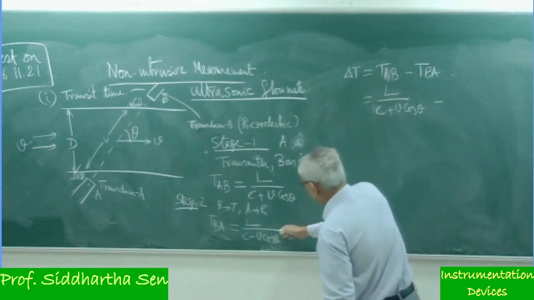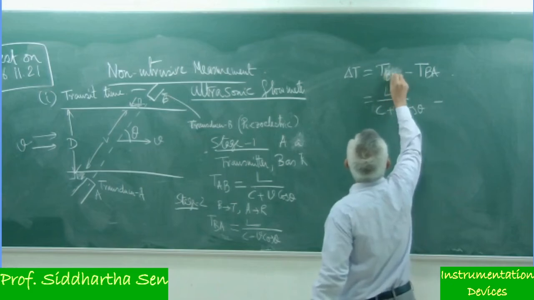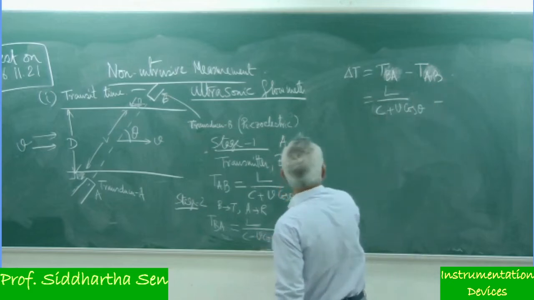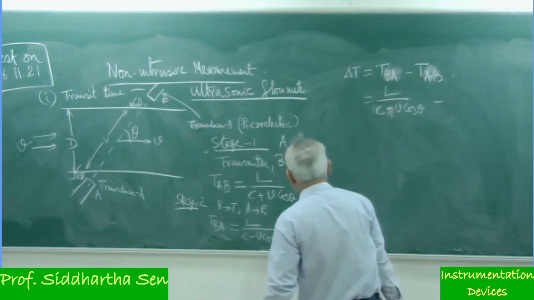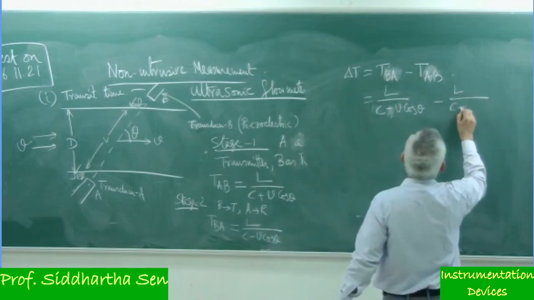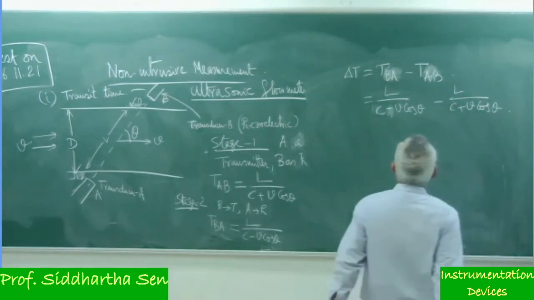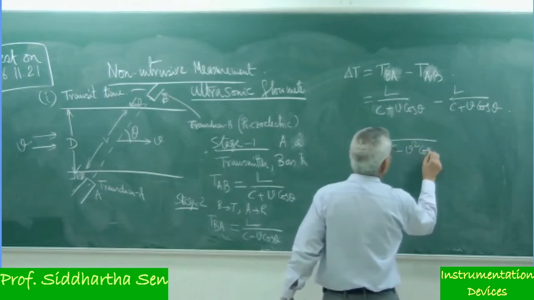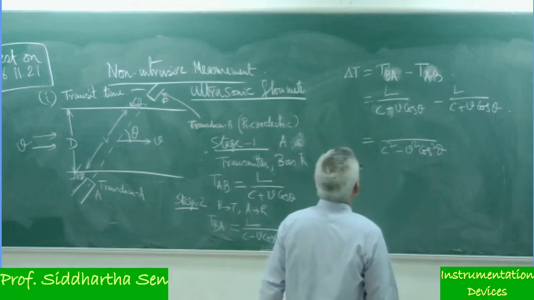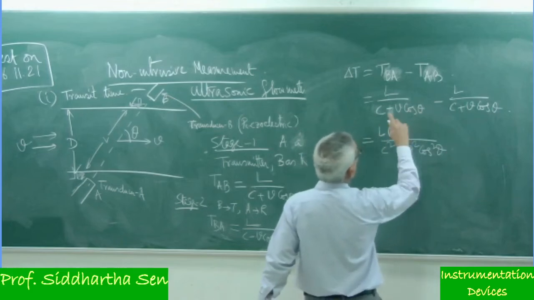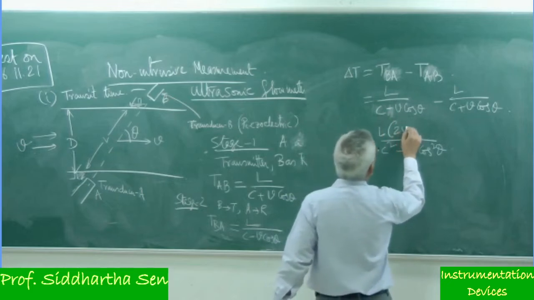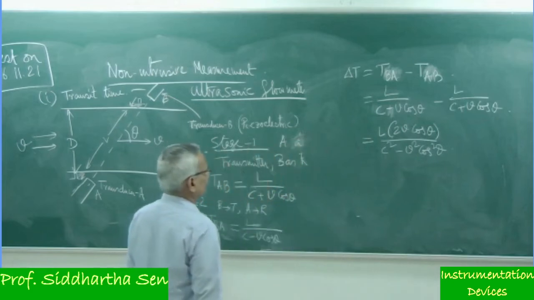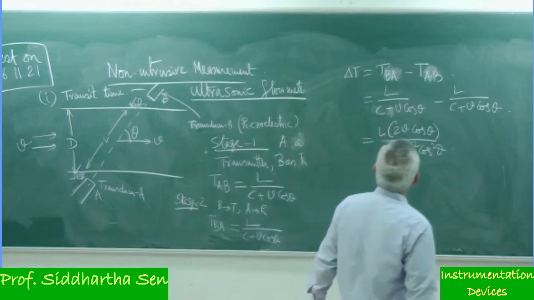We can say it is equal to L into 2v cos theta divided by c square minus v square cos square theta. Is it okay? Please check it.